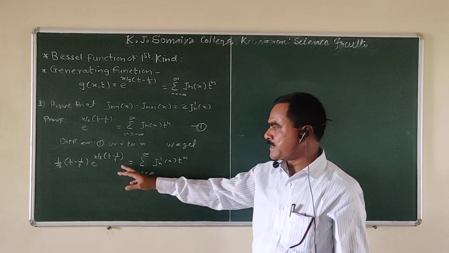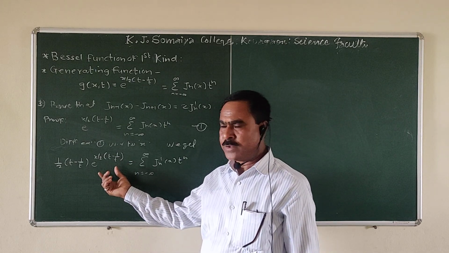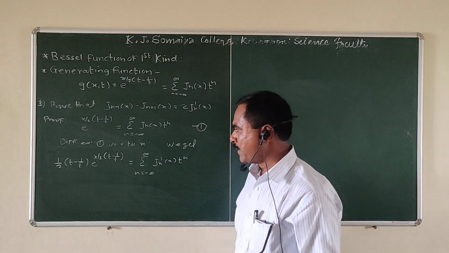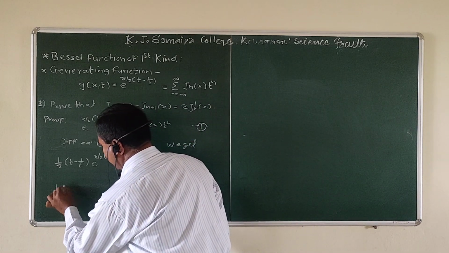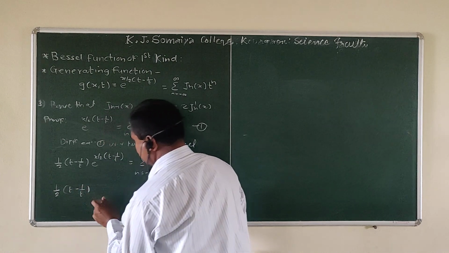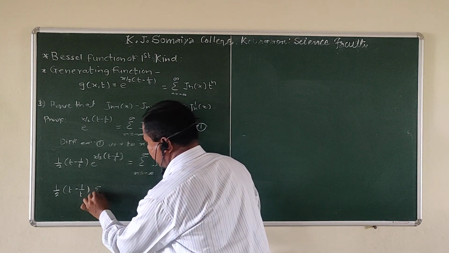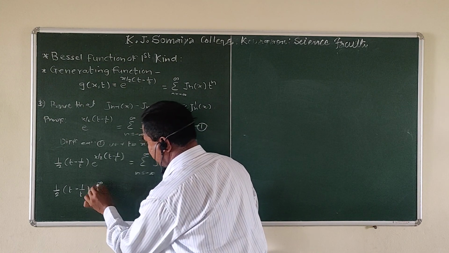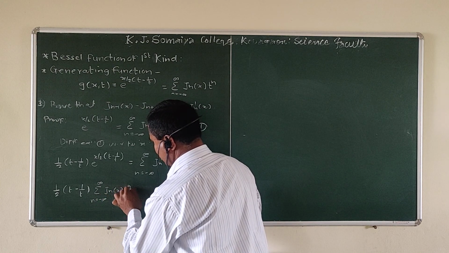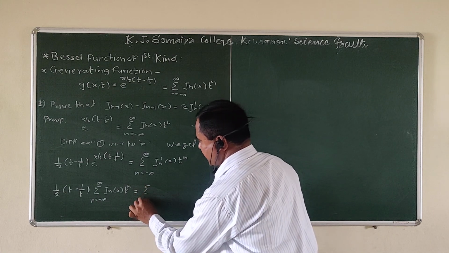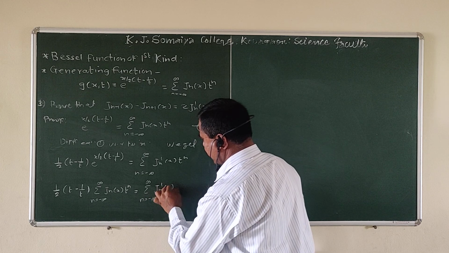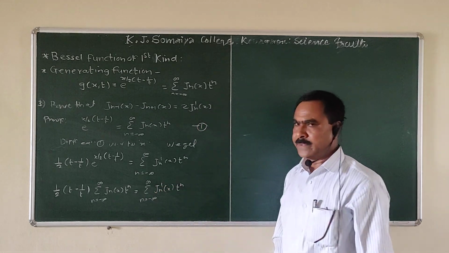Okay, so in next step we substitute or put e raised to x by 2 in bracket (t minus 1 by t) as the power series. So right here half in bracket (t minus 1 by t), then summation n from minus infinity to plus infinity Jn of x t raised to n equal to summation n from minus infinity to plus infinity Jn dash x t raised to n.